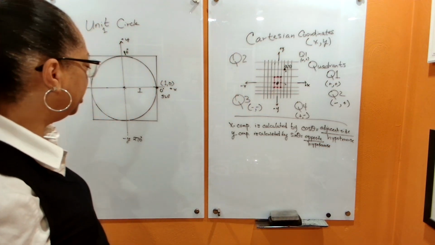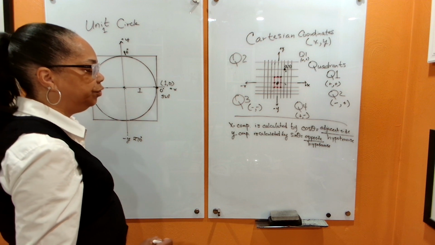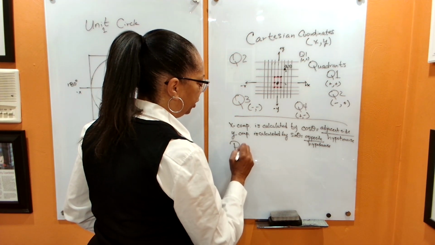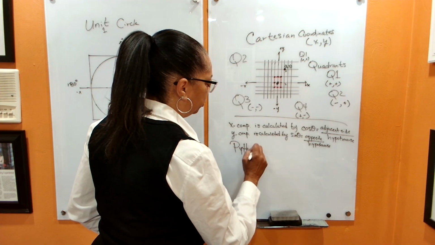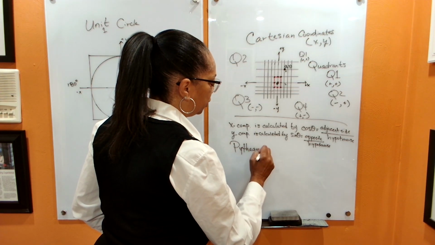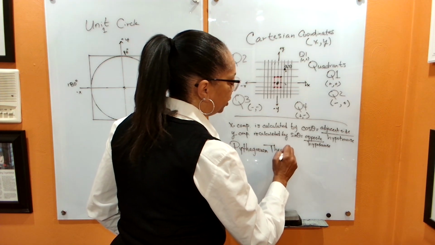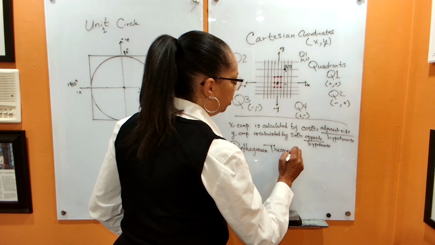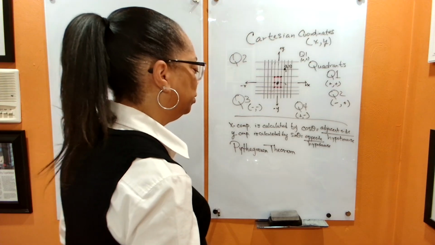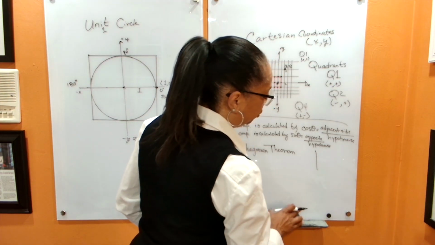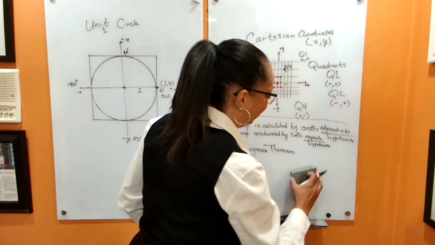Now, what's the hypotenuse? You might want to ask yourself if you don't know. We're going to start with the Pythagorean theorem. And the Pythagorean theorem is about right triangles. Okay? So, we're going to draw a right triangle. We're going to attempt to draw a right triangle.